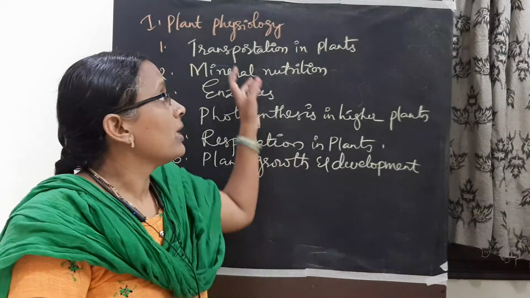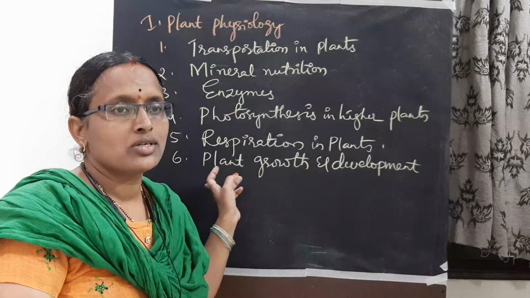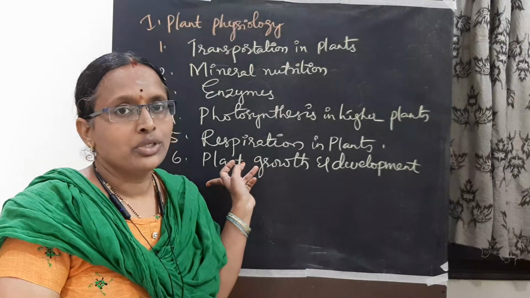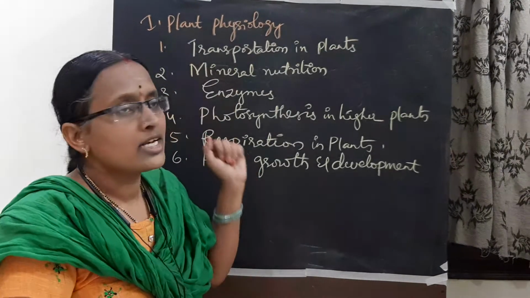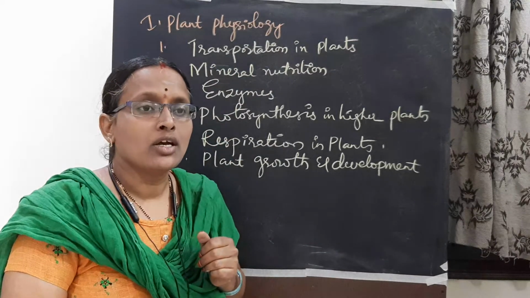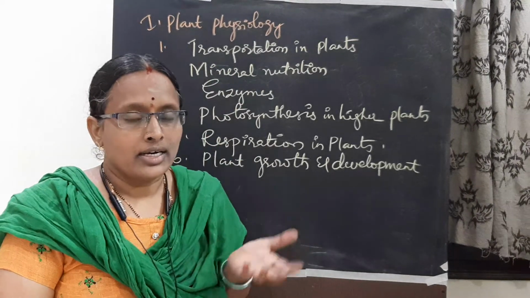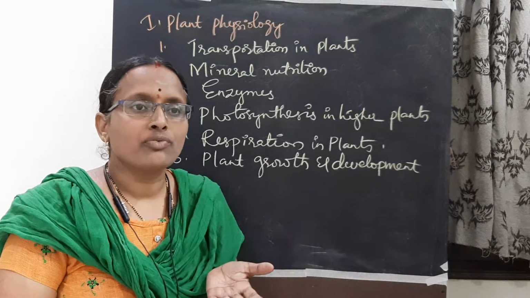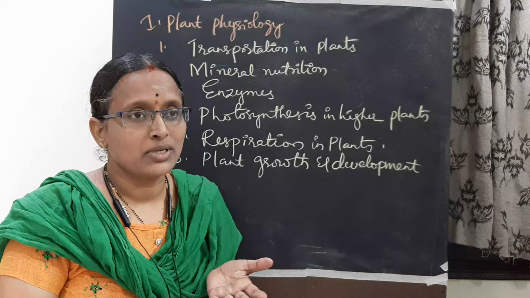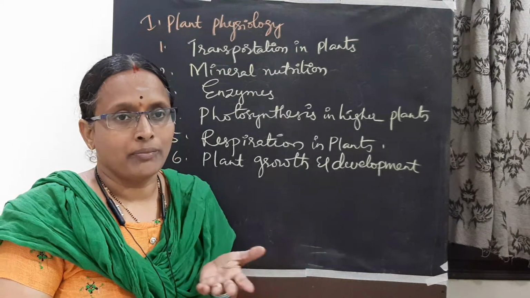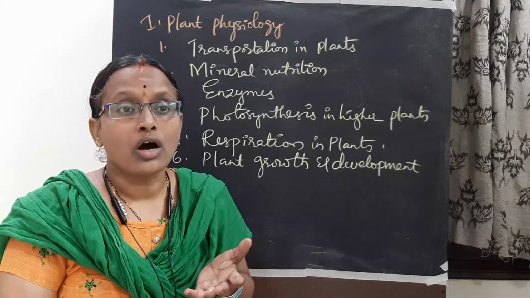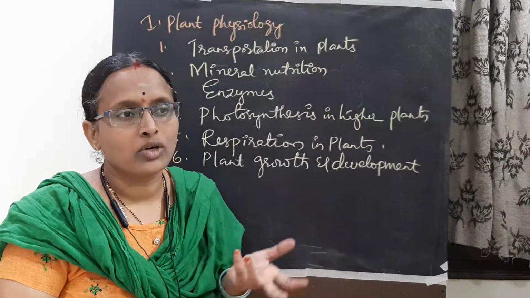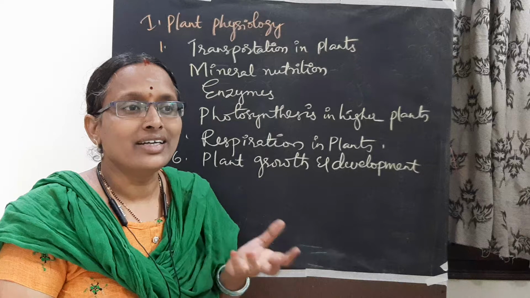In our plant physiology unit, there are six chapters, or six lessons. The first is transportation in plants. We know that the transportation of water takes place through the xylem, and the transportation of food materials and sugars takes place by means of phloem. But what processes are involved and how they take place inside the body, we are going to study in detail.